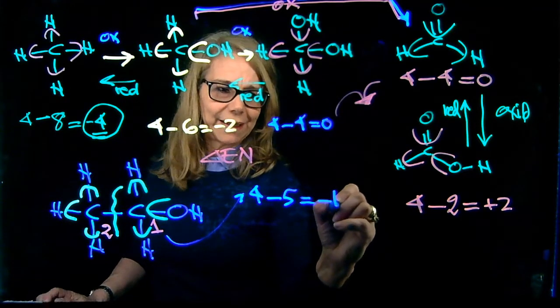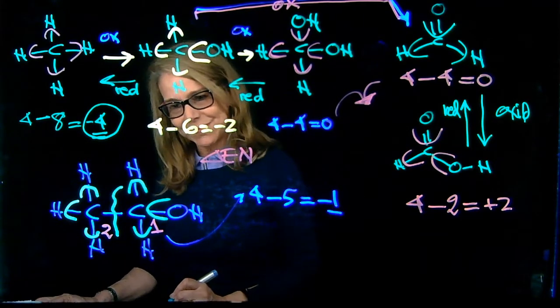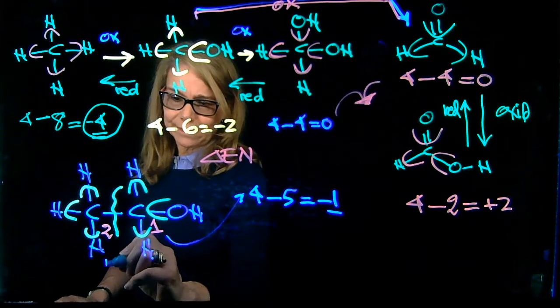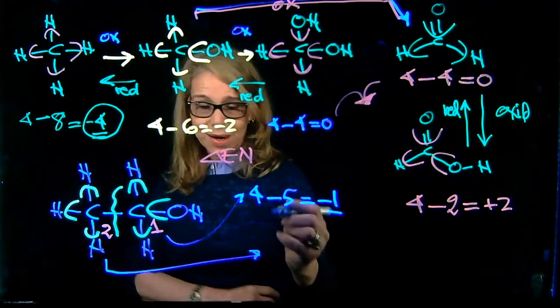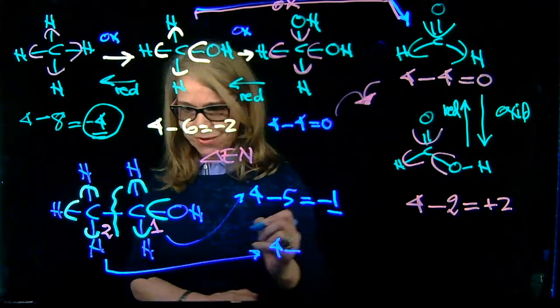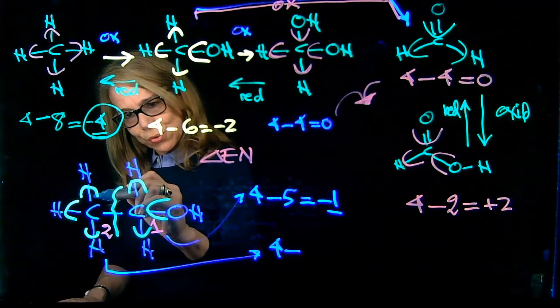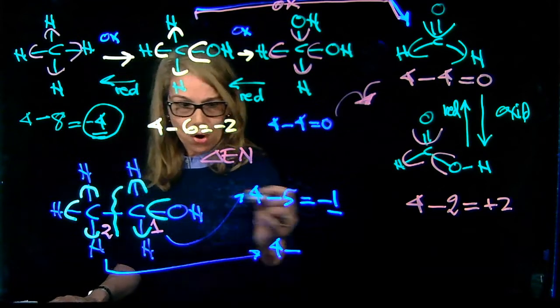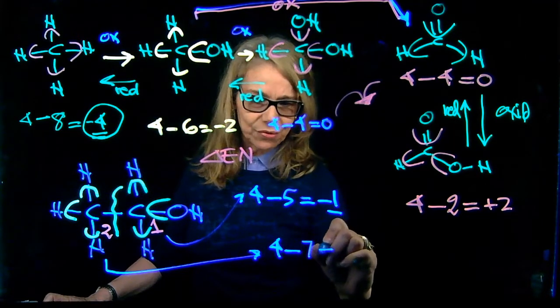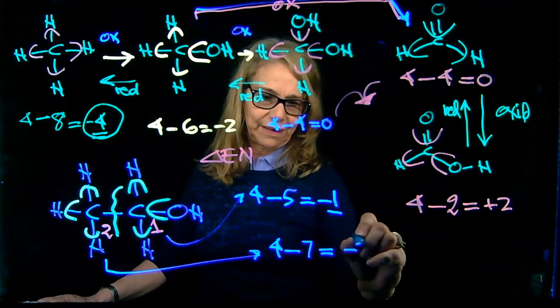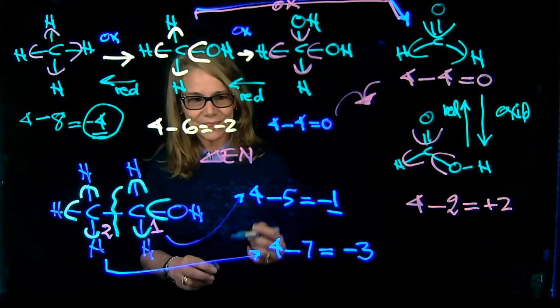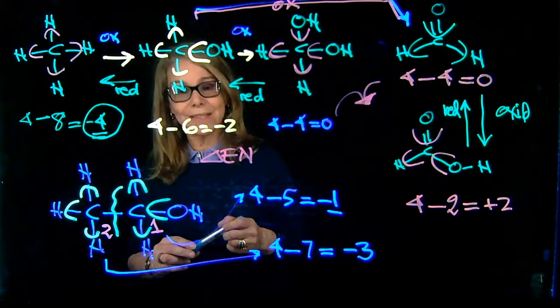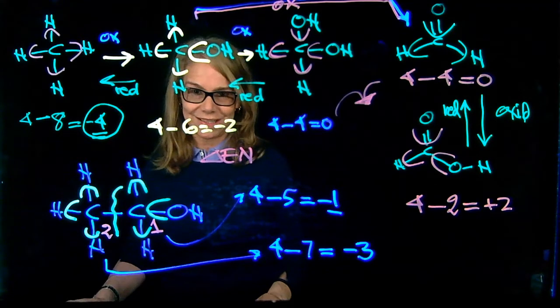So it is a -1 oxidation state. Now let's look at the other carbon. The other carbon has 4 valence electrons. Now I see 2, 4, 6 electrons here and only 1 here. So 7, and the oxidation state here is -3. Notice the same molecule had 2 carbons with 2 different oxidation states.